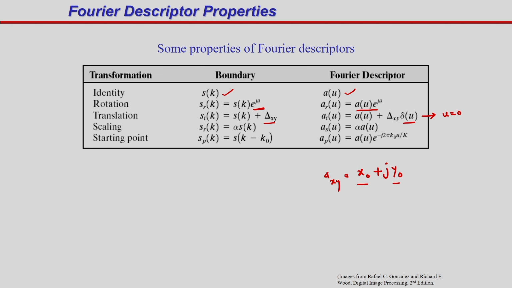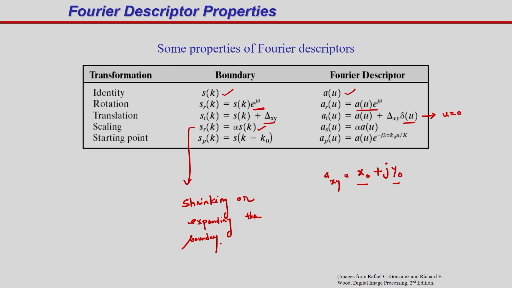The next one is the scaling of the boundary. This is nothing but shrinking or expanding the boundary by a factor alpha.